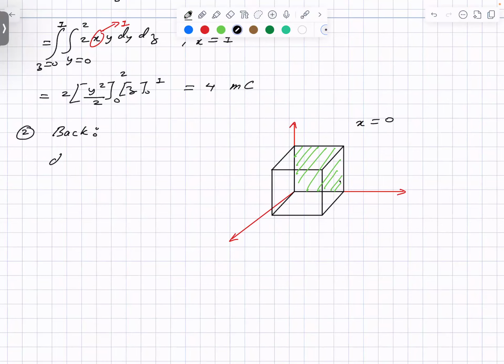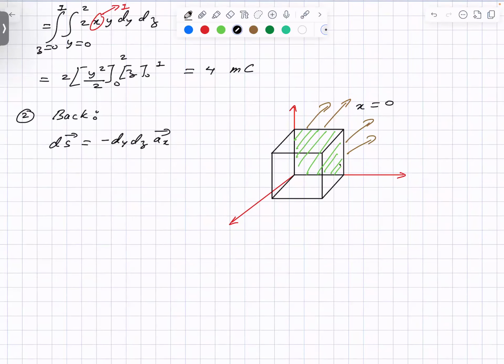So that means for the back surface, ds would now be equal to, so dy dz part we already know, but you have to be careful about the direction. It's now negative ax. And now what we're trying to do is find the total flux coming out of the back surface.